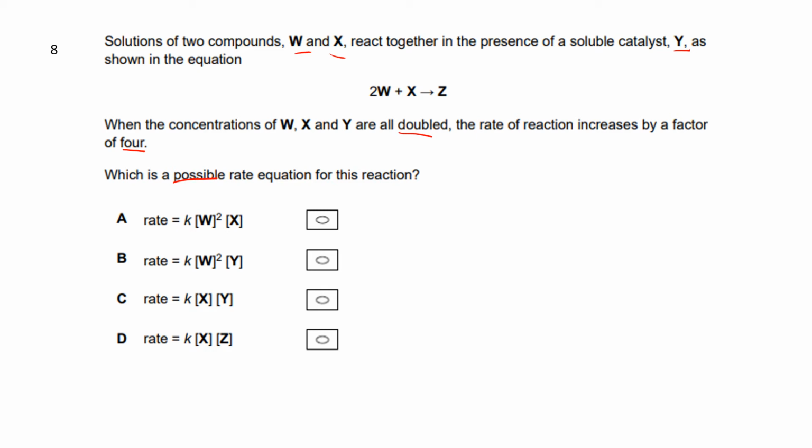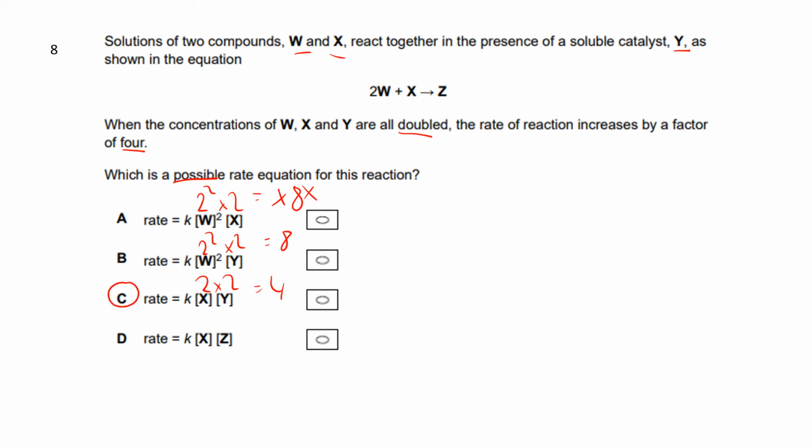So if this was doubled and then squared and then that's times by 2, that would equal times by 8. So it's not that one. This one, same thing, isn't it? Doubled times by 2 would equal 8 as well. X and Y both doubled, would times them together, make times by 4. So question 8, the answer is C.